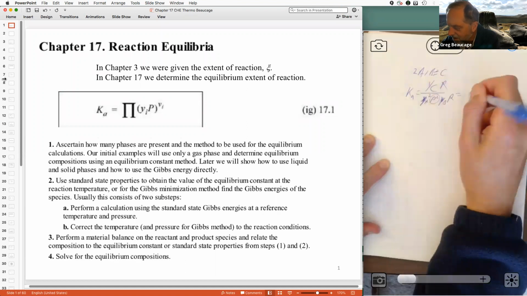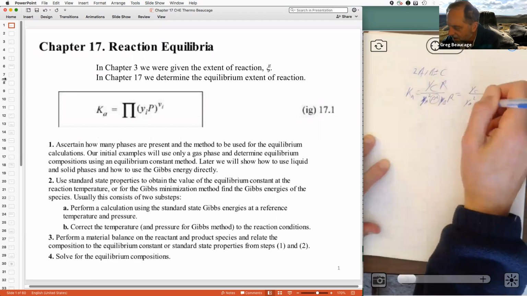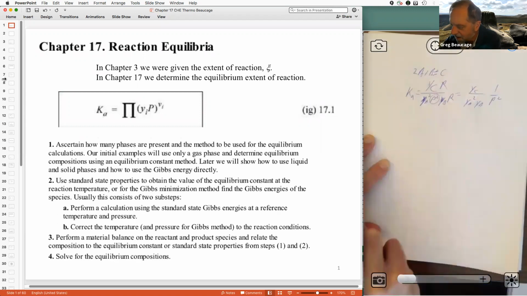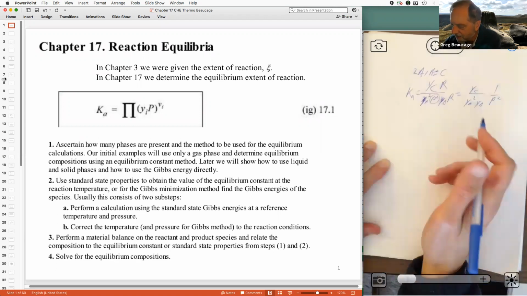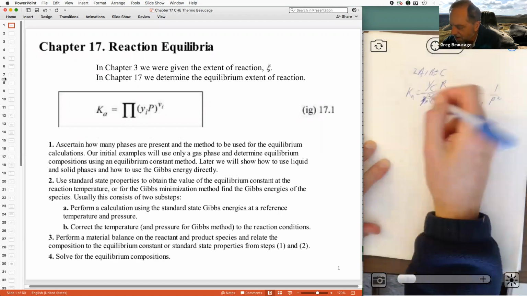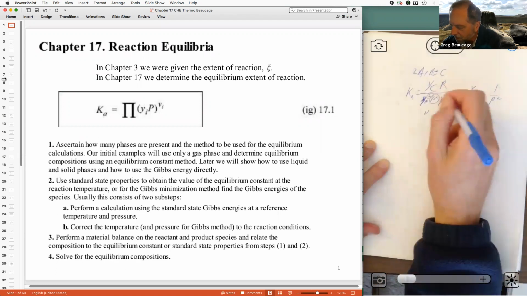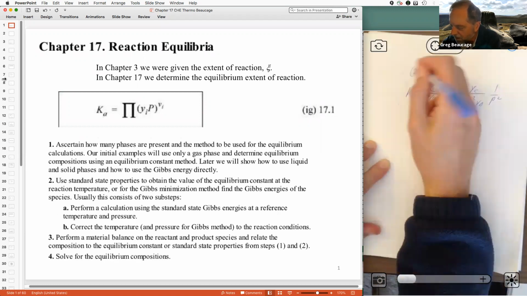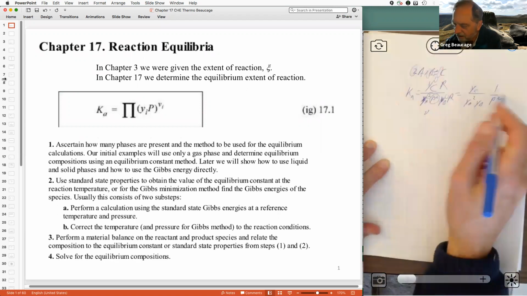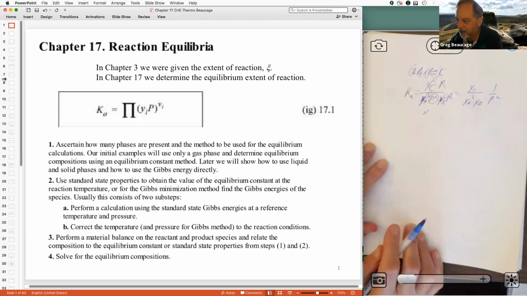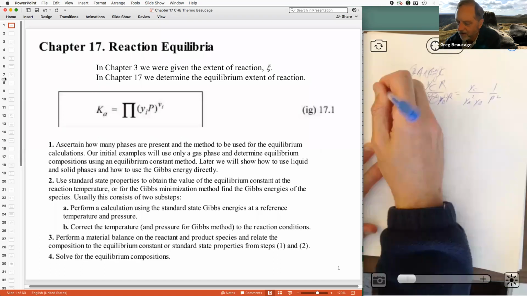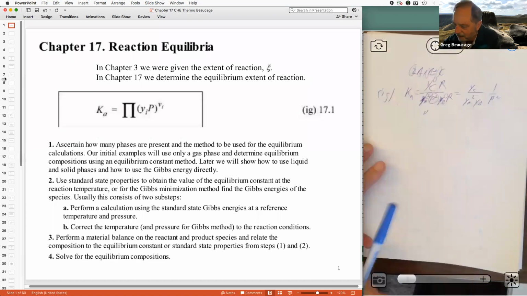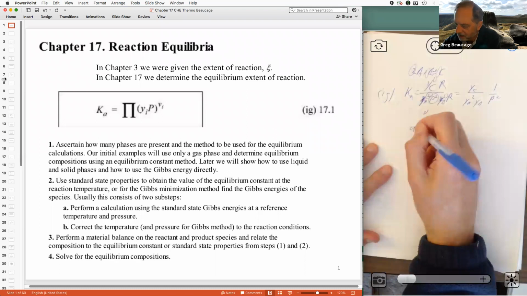So for an ideal gas, you have YA squared, YB, and then one over P squared is Ka. Those are the nus. Nu is 1 here and 1 there. That's how you get Ka, the equilibrium constant for an ideal gas, saying that the activity is Y times P.